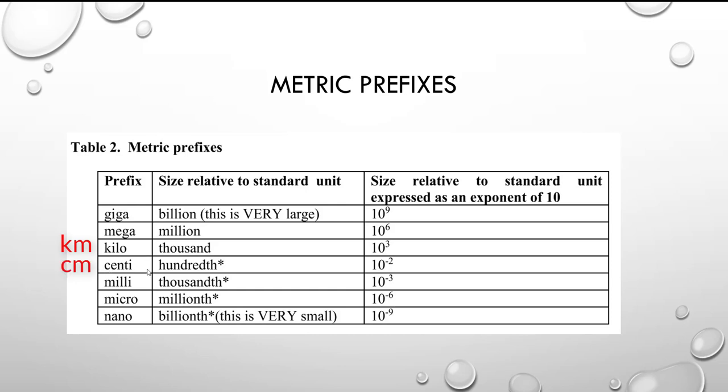Centimeters, cm. Millimeters, mm. If it's micro, we use this strange U, so it would be um, and nano would be nm.